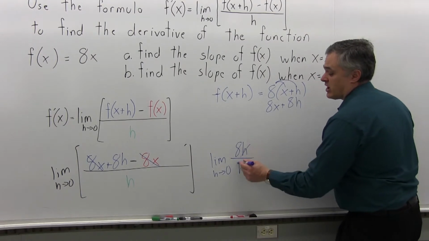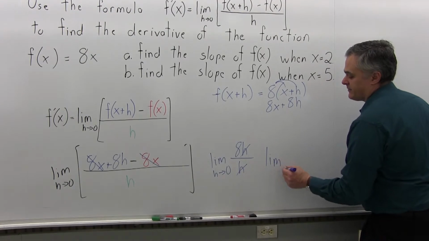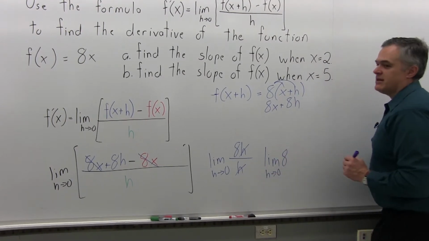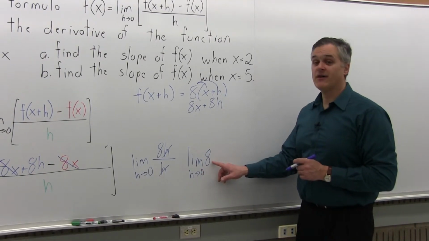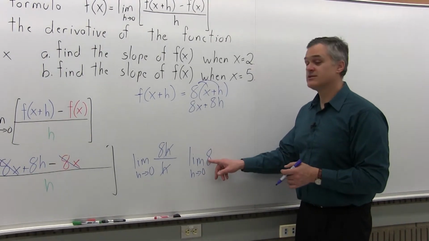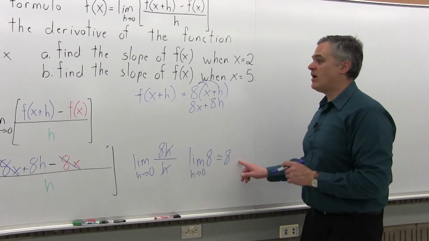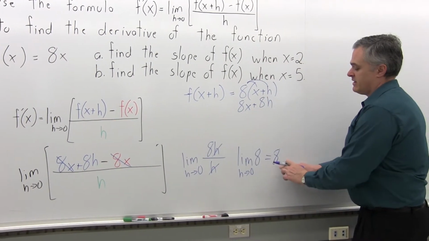So now the h in the top and the h in the bottom can cancel. So I want to take the limit as h approaches 0 of just 8. Well, since there's no h left, whatever value h approaches, the answer is going to be 8. So that's the value of the difference quotient, or the f prime of x, the derivative.